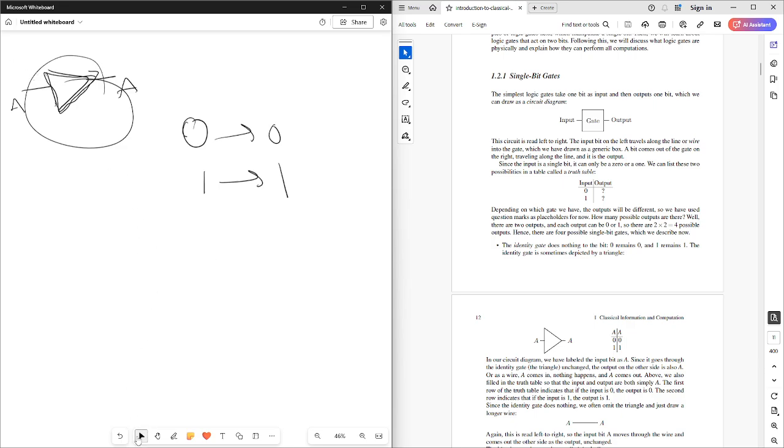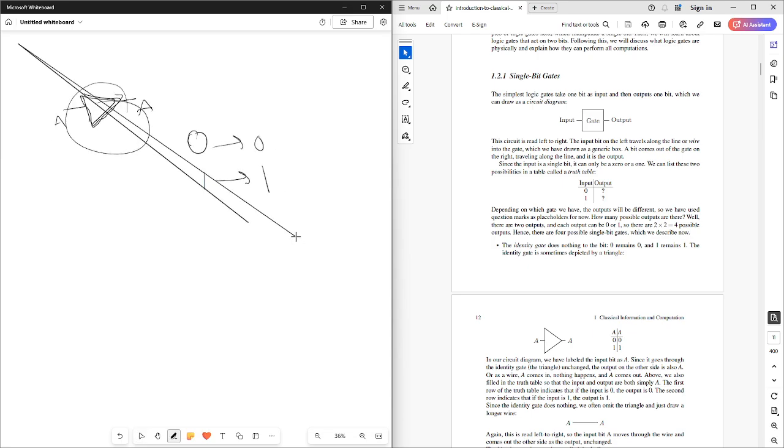Why is this? Okay, hang on. This thing is so weird. I don't really understand why Microsoft Whiteboard does not have an eraser. Why is that not a thing?